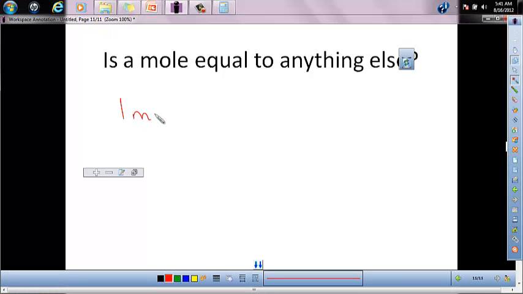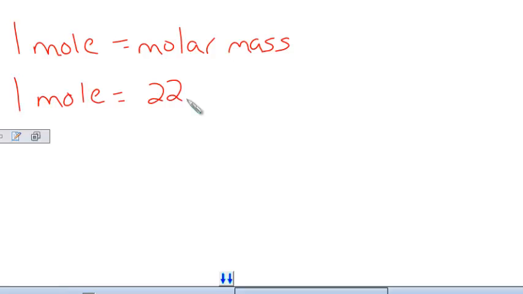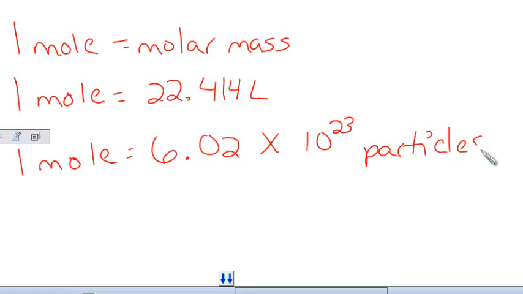So far, our mole is equal to the molar mass in grams, and it's equal to 22.414 liters of gas, and it's also equal to 6.02 times 10 to the 23rd particles. You're probably thinking, wow, that's a lot. It is a lot. Okay?